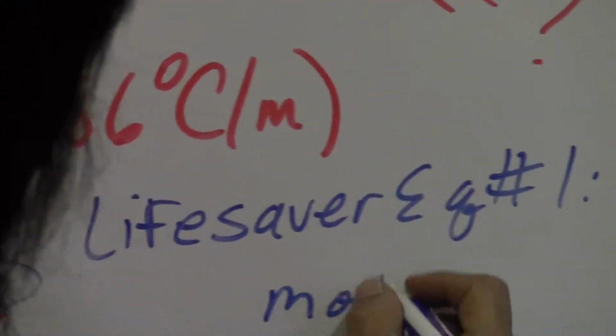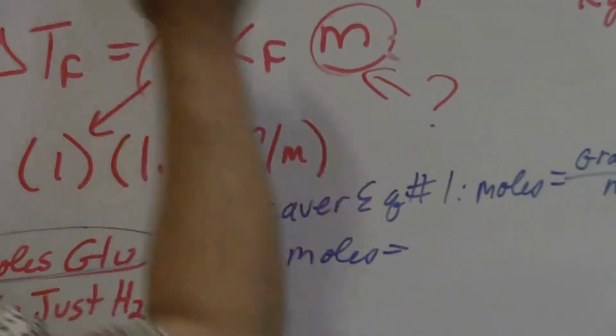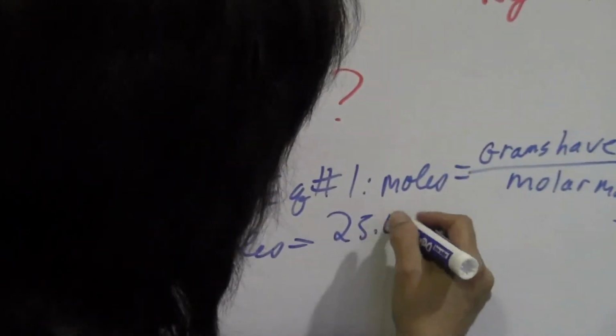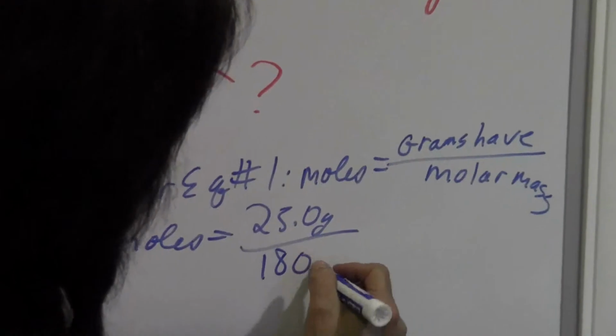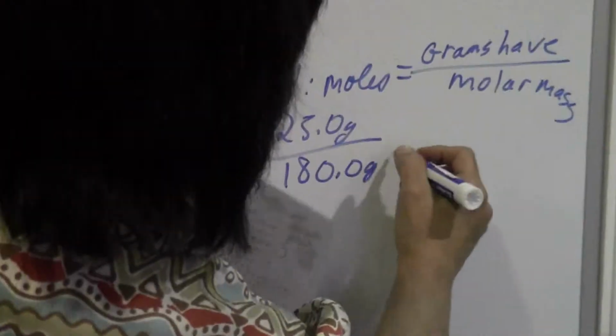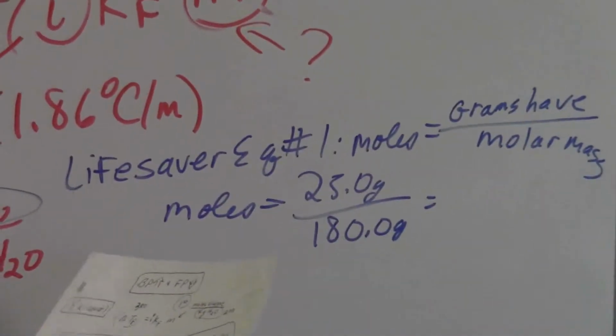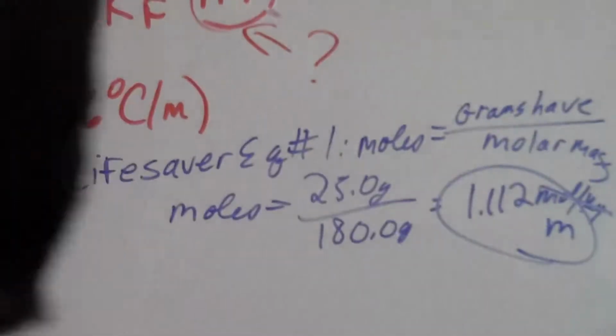So number of moles in this case is going to be 25 grams divided by the molar mass of glucose, which is 180 grams. So our number is going to be 0.1389 moles.